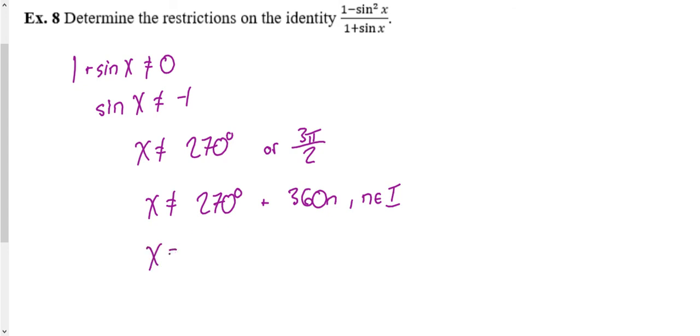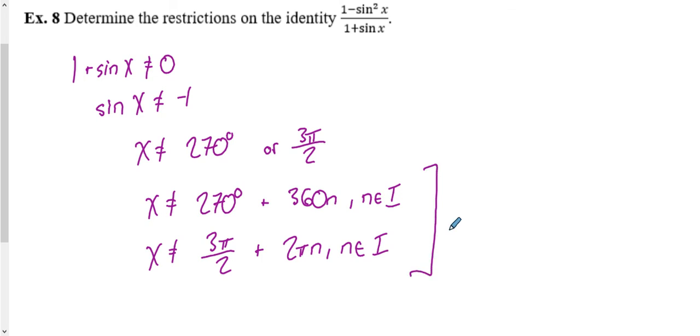Our second one, of course, if we did it in terms of radians, would be 3 pi over 2 plus 2 pi n, where n is an element of an integer. There we go. So in this case here, again, there wasn't any restriction on our domain, so we want to write down the general solution so that we cover the gamut, every single x value there. That concludes our lesson today. If you have any questions, please feel free to ask.